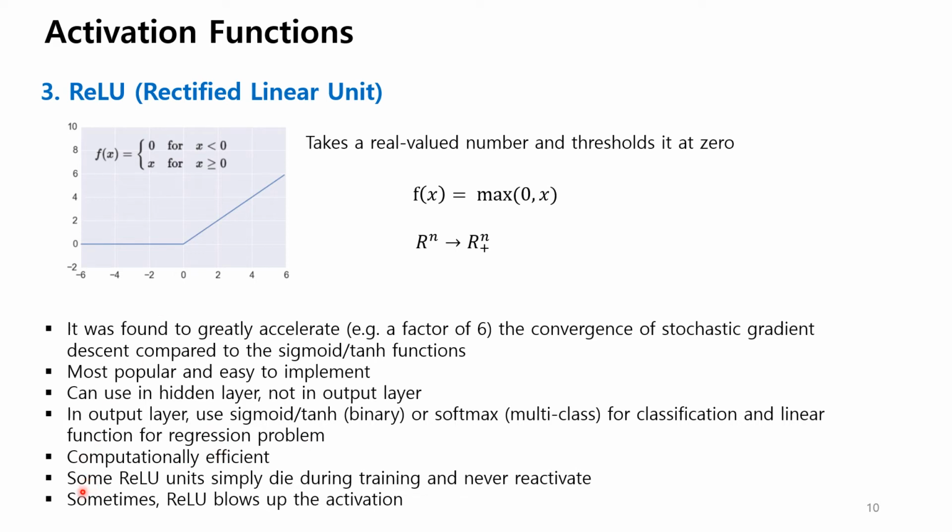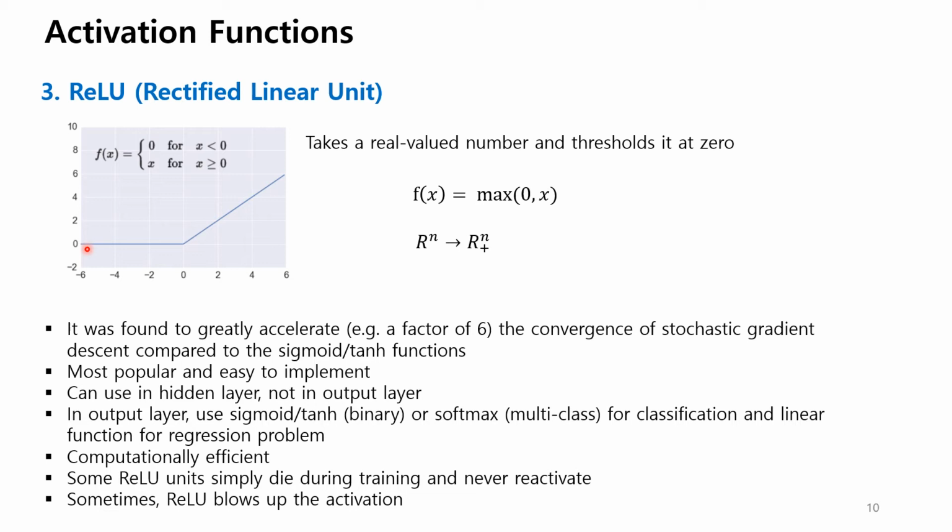But one of the problems of ReLU is, as you can see here, if x is negative, this returns 0. So the output is 0. What actually happens is that if you use ReLU in many hidden layers, many of the hidden nodes are actually dead.